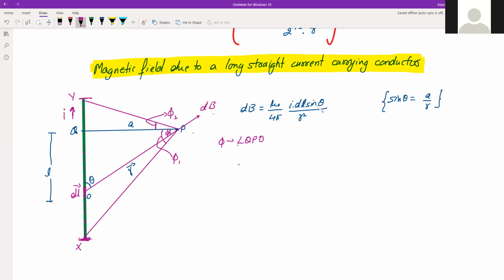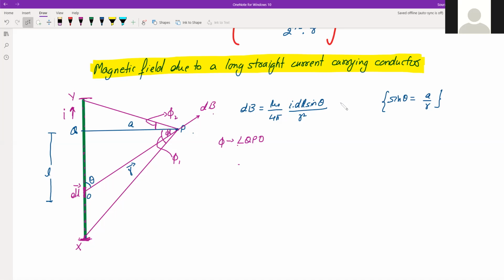Phi is the angle subtended by the top and bottom ends at the point, right? So that's why here also we'll have to take that angle. So here we have taken this angle phi. Phi is the angle between Q, P and O. So that is angle phi. Now this angle phi and theta are complementary angles.